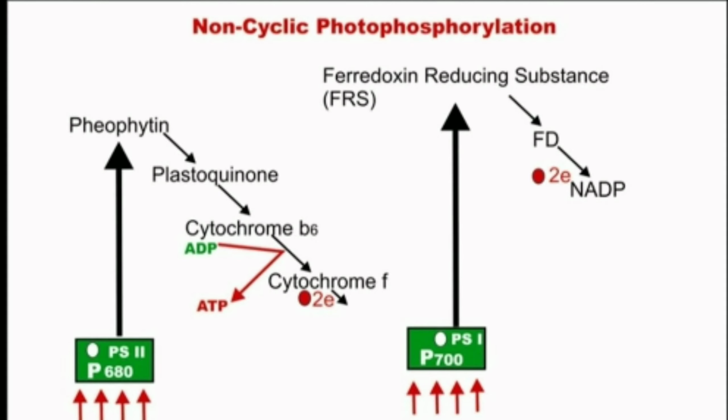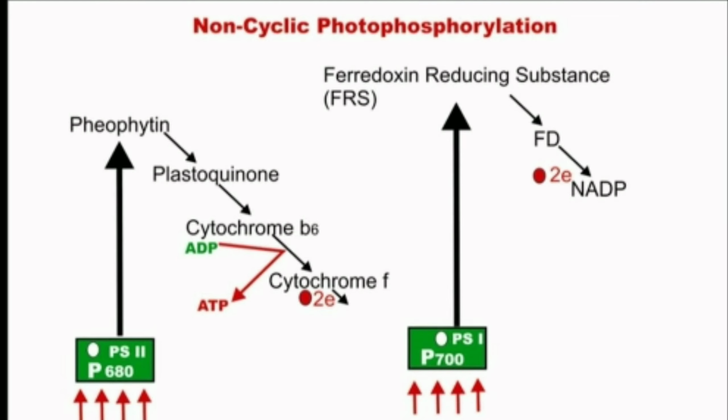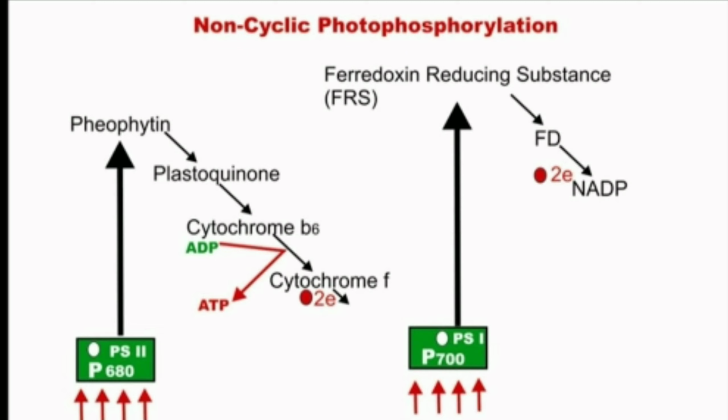The chlorophyll A pigment along with its accessory pigments absorbs the light energy, and in this chlorophyll A, a pair of electrons gets excited and jumps into the primary electron acceptor.